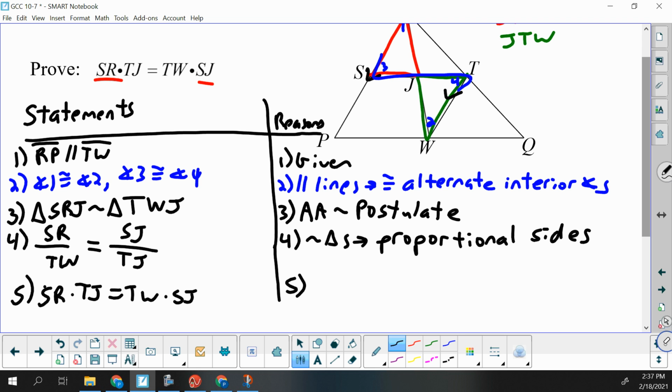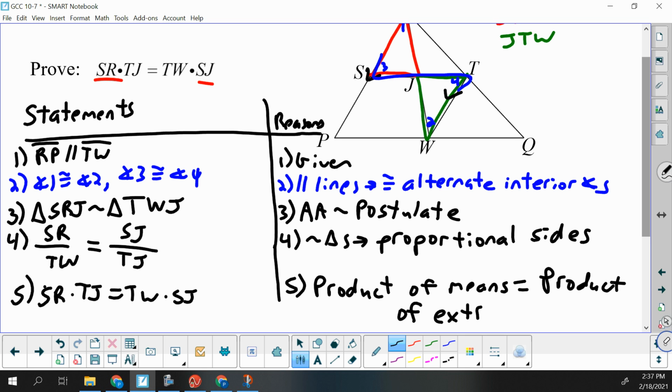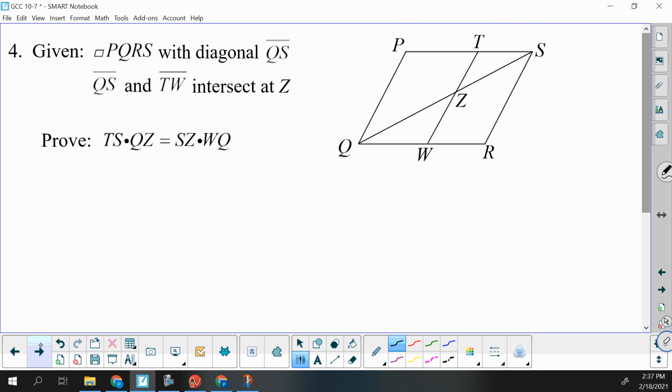And our reason will be product of means equals product of extremes. Moving over to 47, go ahead, do your statements, reasons, and our givens.